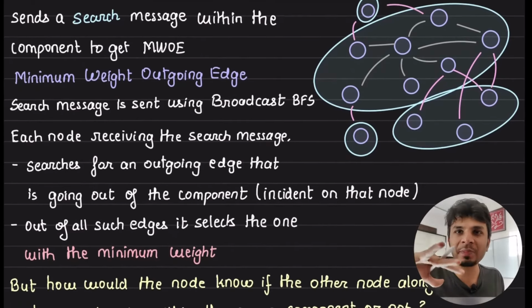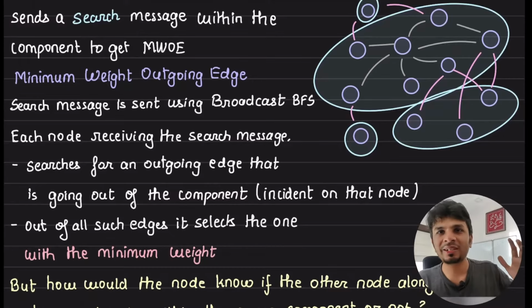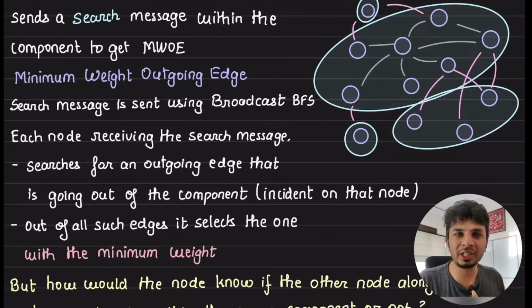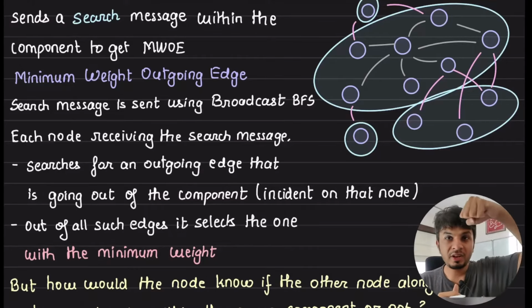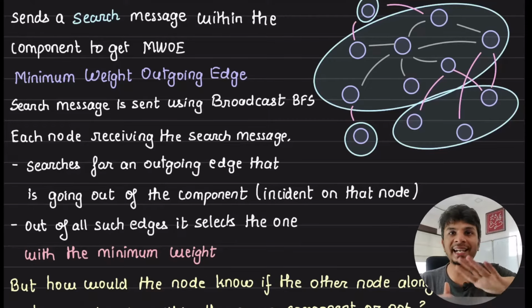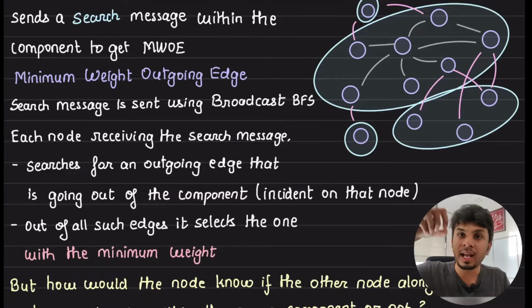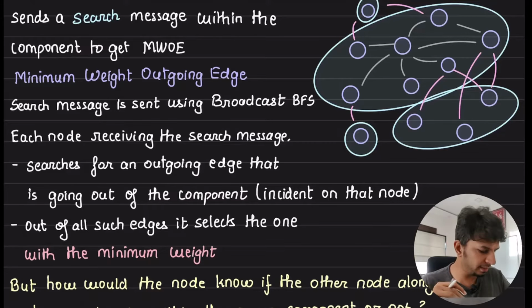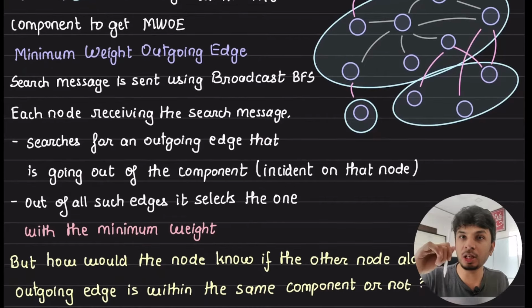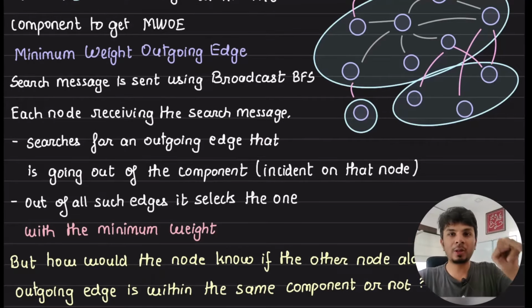So the search message is broadcasted using what? BFS. We saw it in a couple of videos back, right? So the search message within the component is sent using BFS, like broadcast BFS, right? Now it is just sent within that component to do what? When a node receives the search message, it searches for an outgoing edge that is going out of the component.